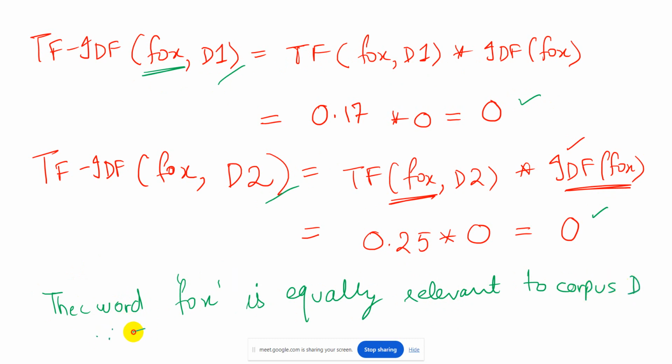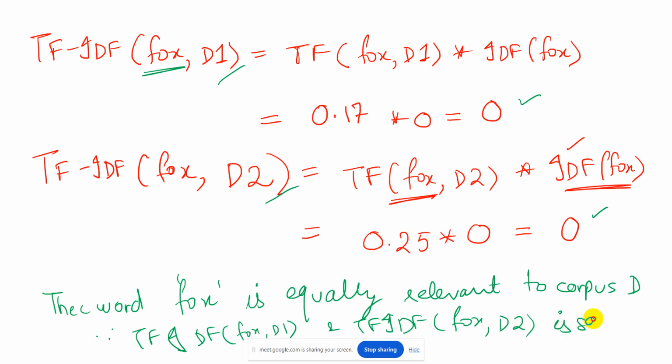Why? Because the TF-IDF for fox in D1 and the TF-IDF value for fox in D2 is the same.